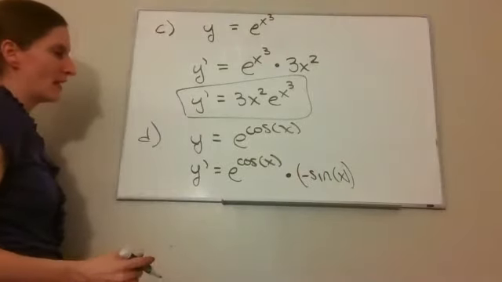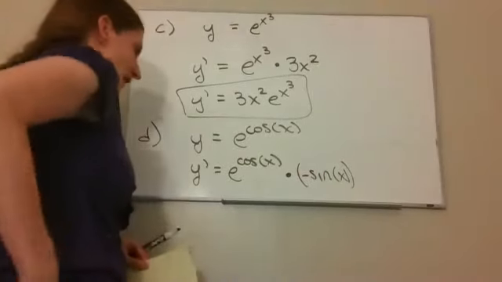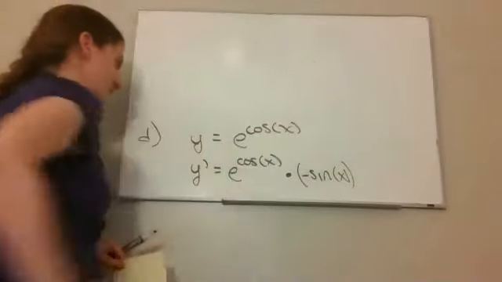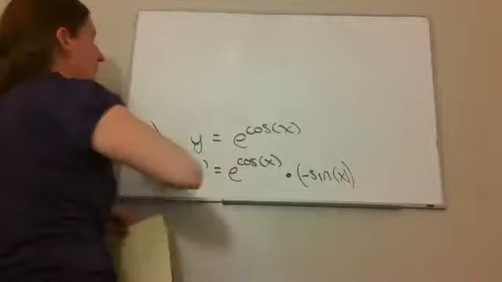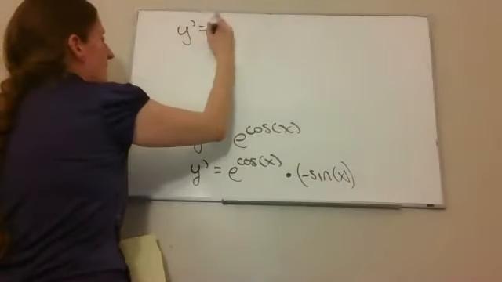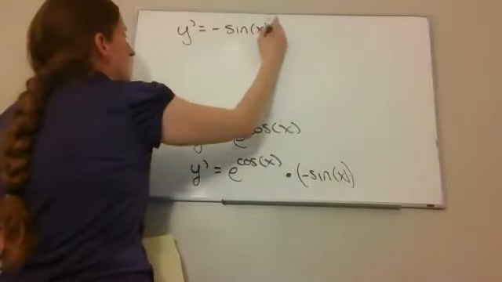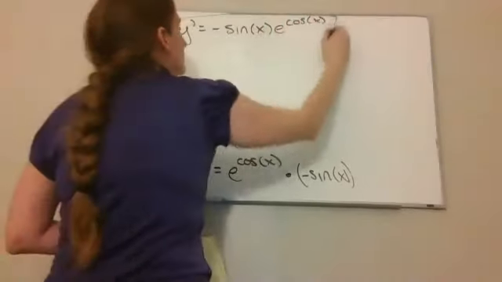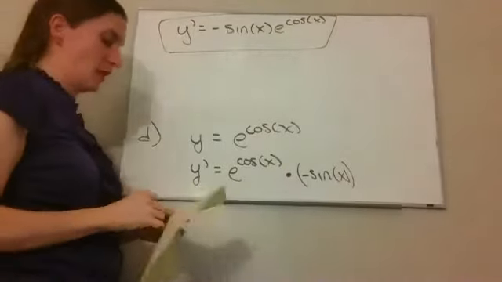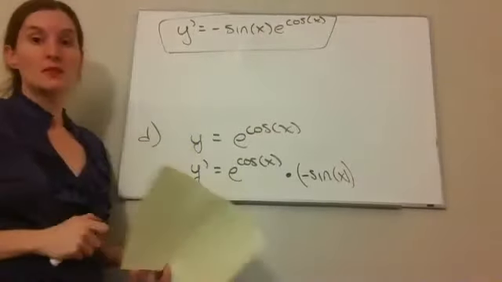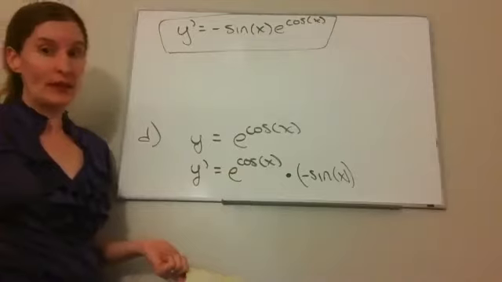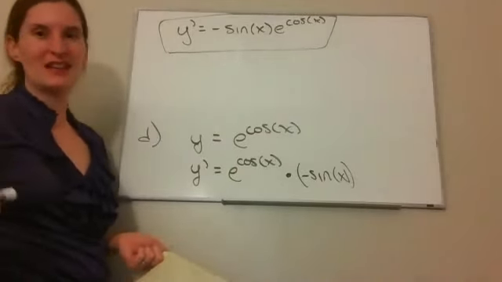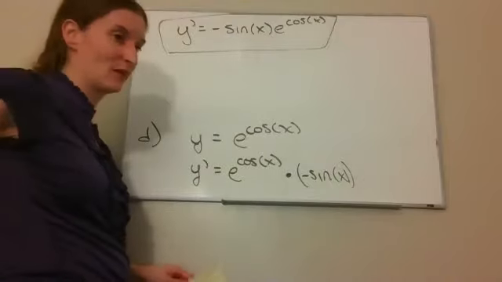So I can rewrite that as negative sine x times e to the cosine of x. And there we go. Not too bad. Exponential functions are actually very nice to take derivatives of because of the fact that the derivative of e to the x is itself.